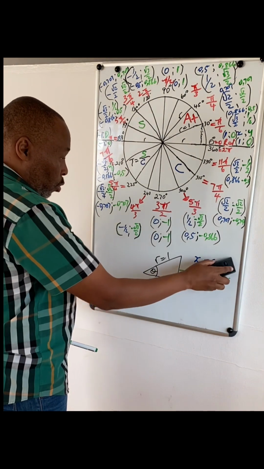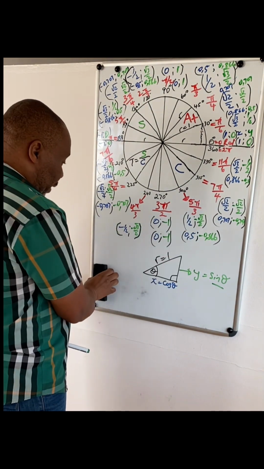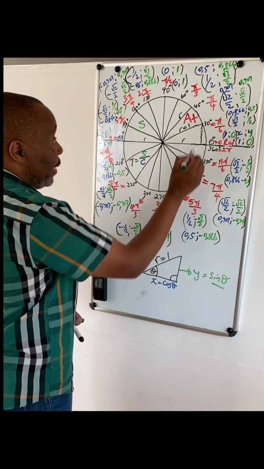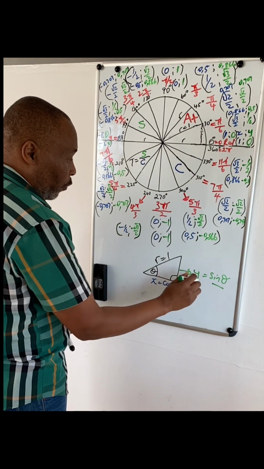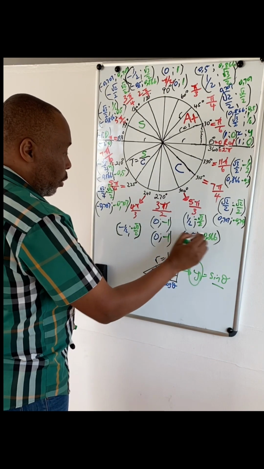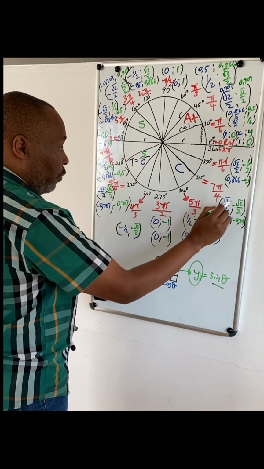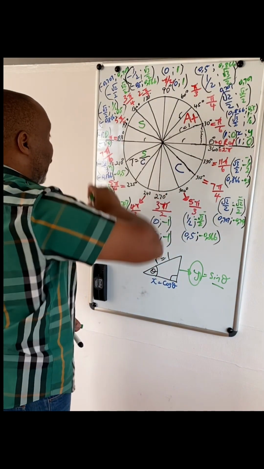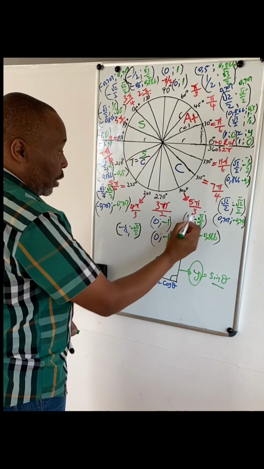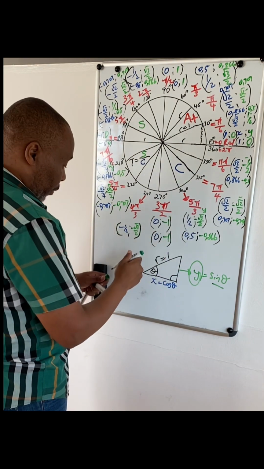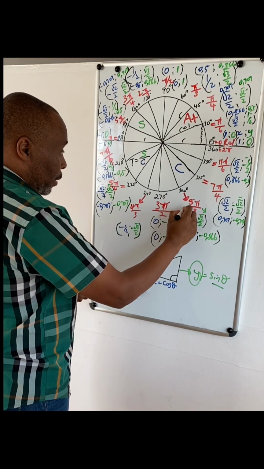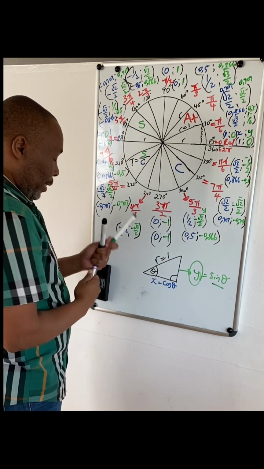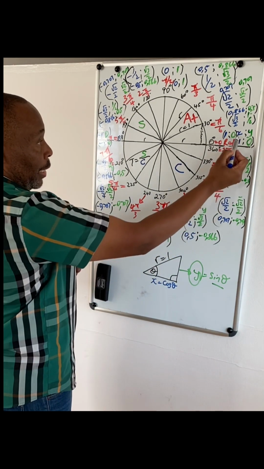I just wanted to show you that relevance: each time we are looking for the sine of any angle here, we pick the y value, all the green ones, all the y values, because this side it's y and this side it's x.